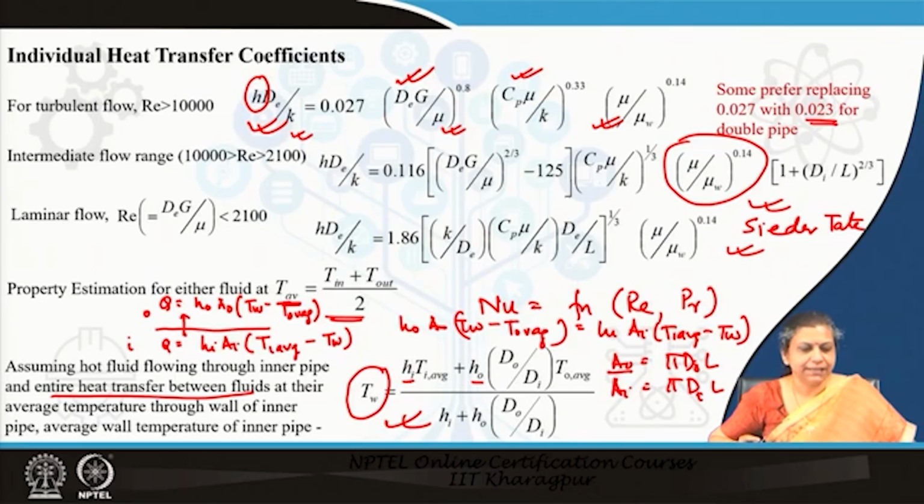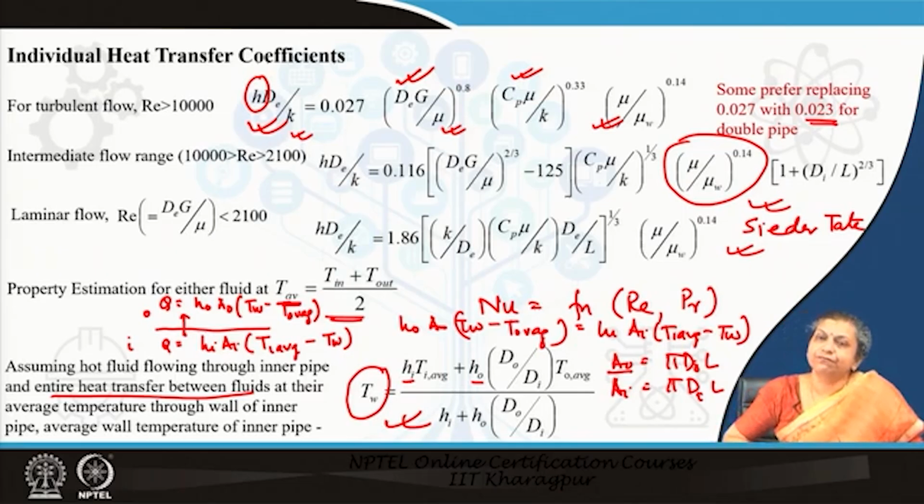Now, if we really want to use these equations, we first have to define the inner fluid and the outer fluid. We did not discuss it earlier, but when we go for design, after we have decided the heat transfer equipment that we are going to use, which we will definitely decide based on the heat transfer load and also the heat transfer area, apart from other considerations, after that we decide the inner fluid and the outer fluid.